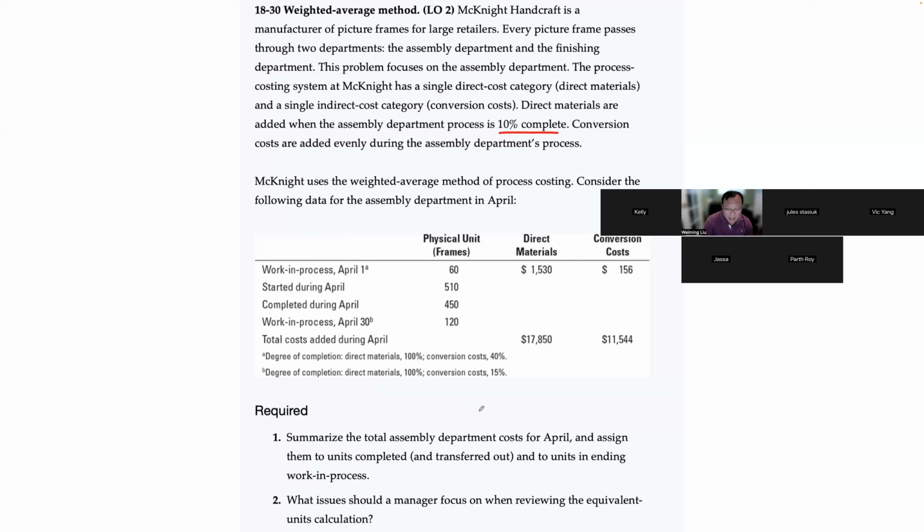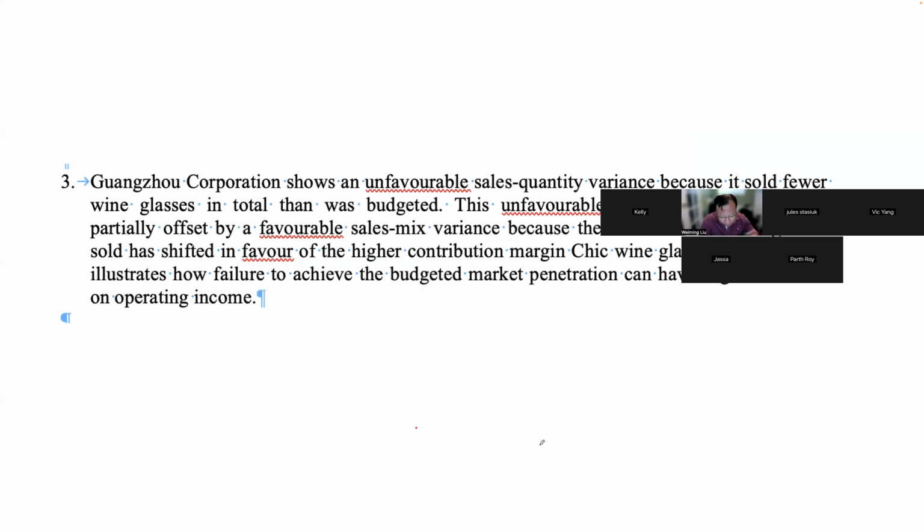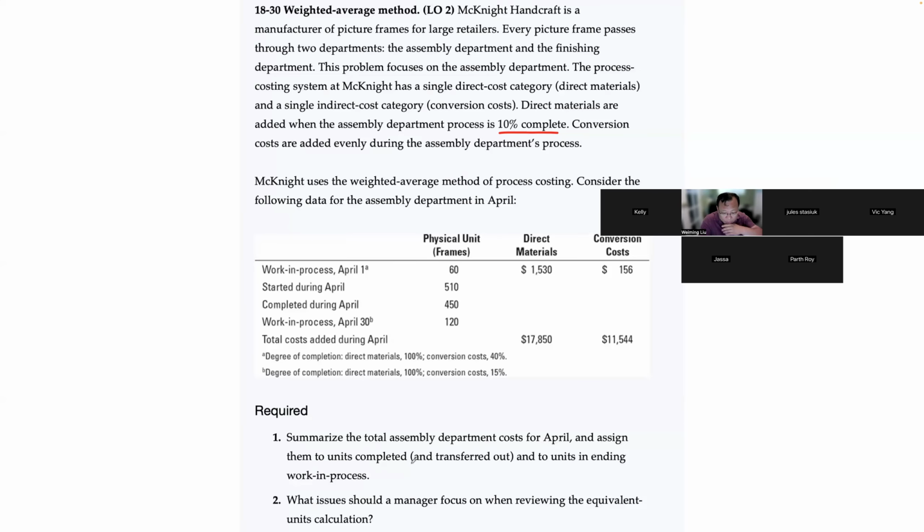Then summarize the total department cost for April, and assign them to units completed and transferred out and to the units in ending work in process. What issues should a manager focus on while reviewing the equivalent unit calculation?